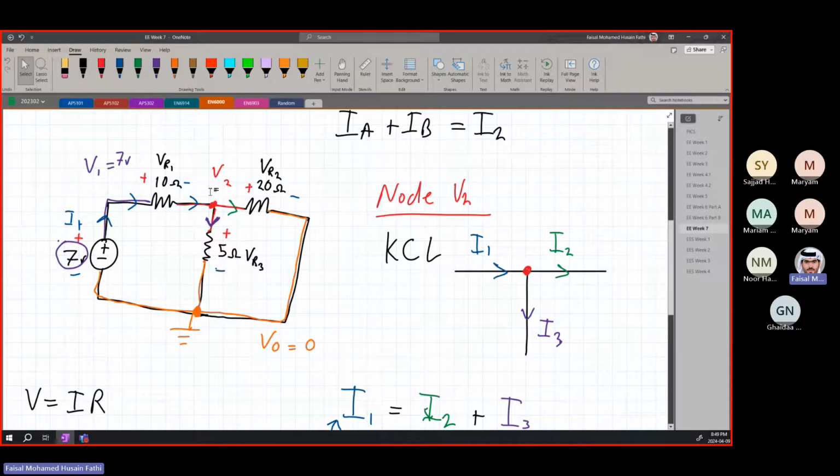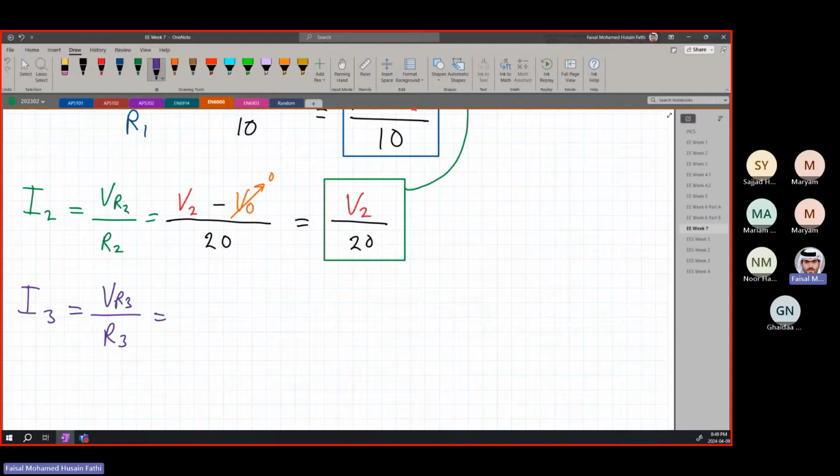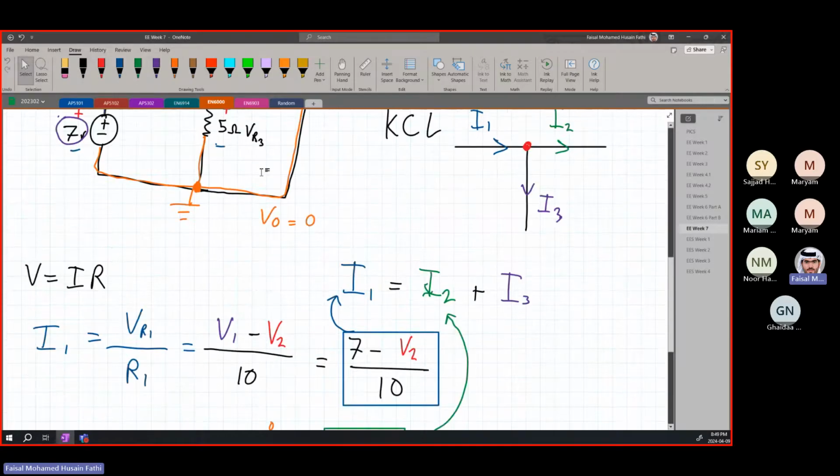So V2 is at the top, the red line, so it's V2 minus the orange line at the bottom, which is V0. So that's what VR3 is equal to: V2 minus V0. V0 is equal to 0 because it's the ground, divided by R3, which is given to be 5 ohms.